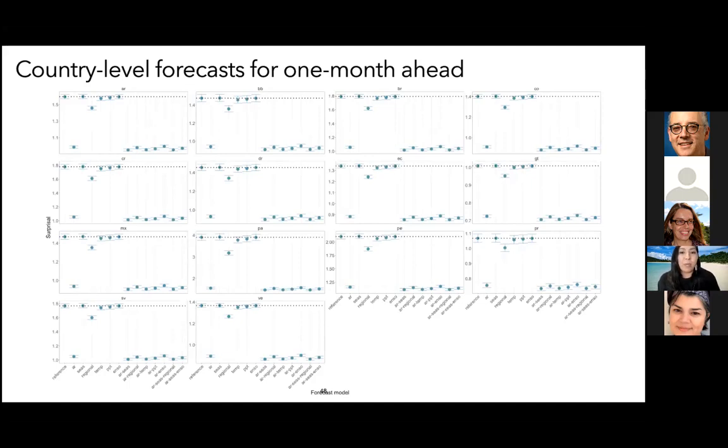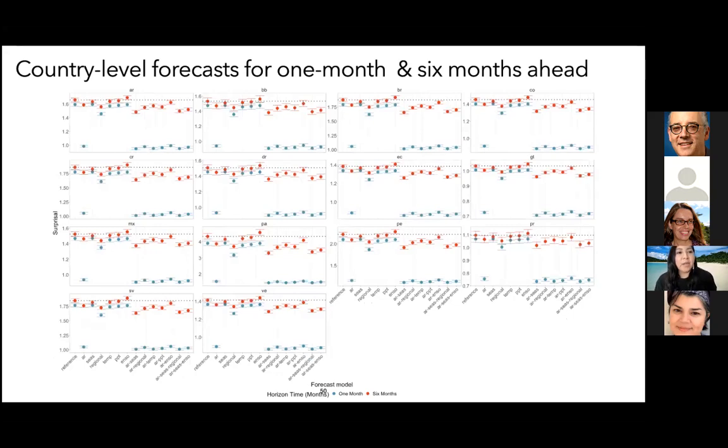And at least at 1 month ahead, the individual forecasting models are still performing similarly to a base model, but the models that have a combination of indicators all perform fairly similarly across different countries. So even an AR1 seasonal model performs well, but you can see that there are other models that perform at a similar forecasting skill. This changes, that's just showing that in this highlighted figure here.